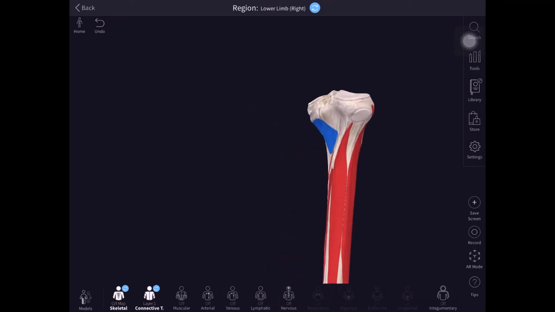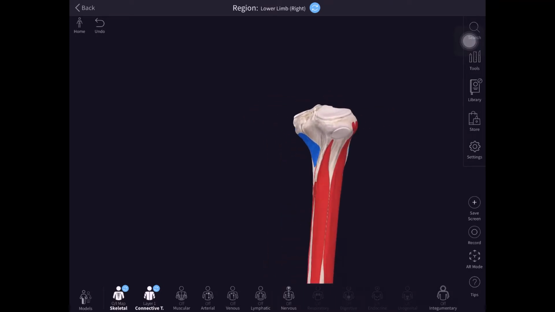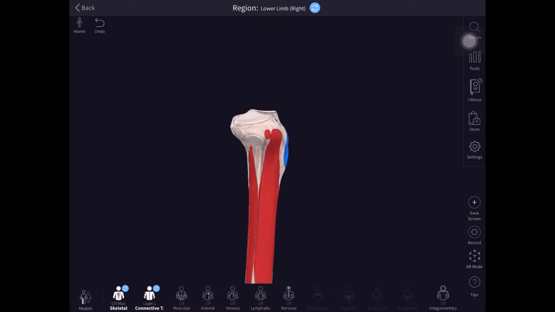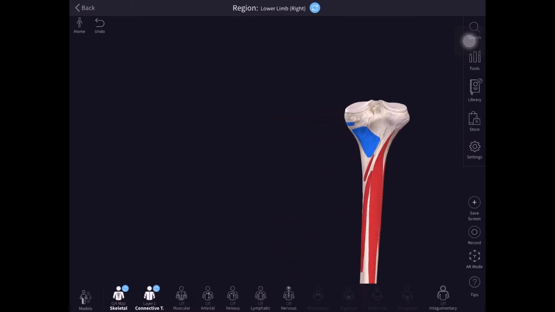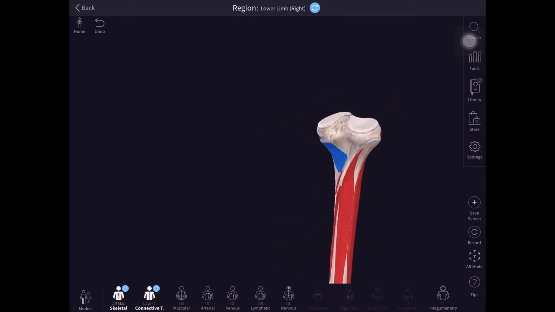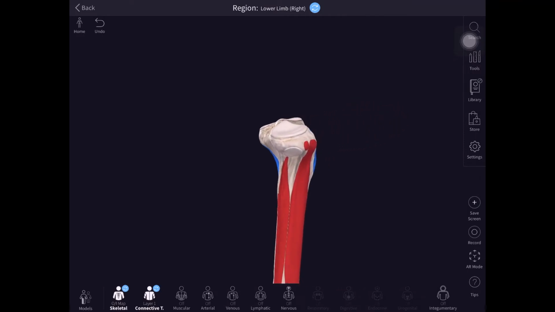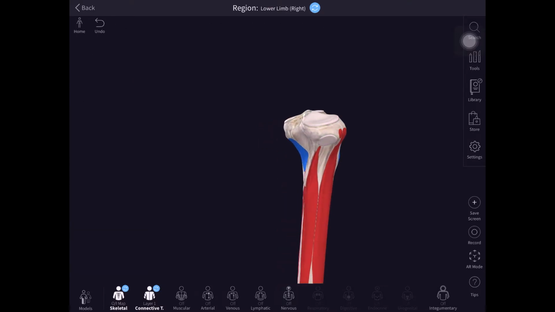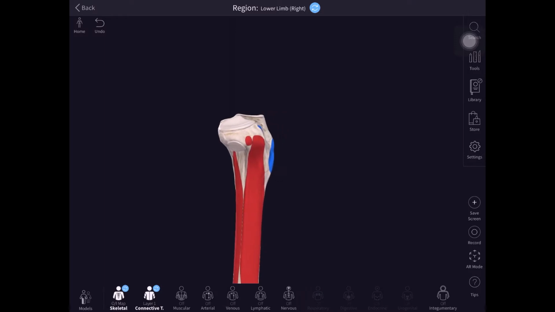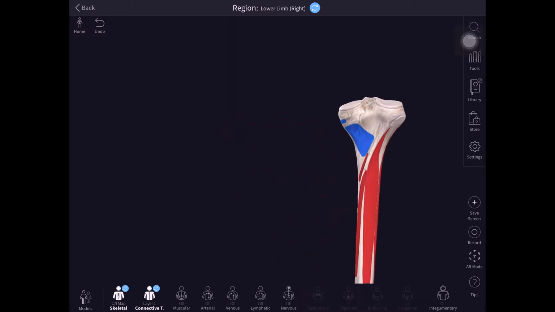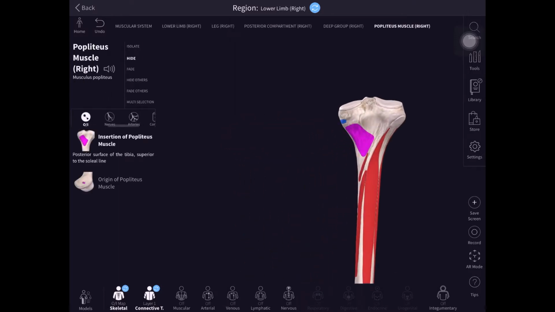Next, we also have a groove. We mentioned that there is a groove for your popliteus. Here the groove is not shown. Possibly I can use the pen, or if I show you the popliteus muscle, then you will be able to see.